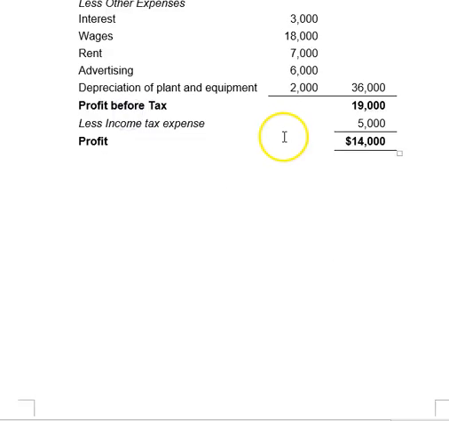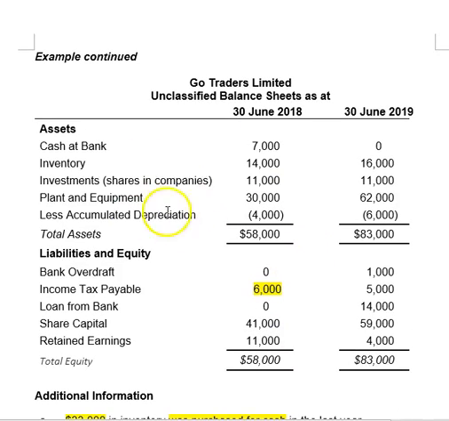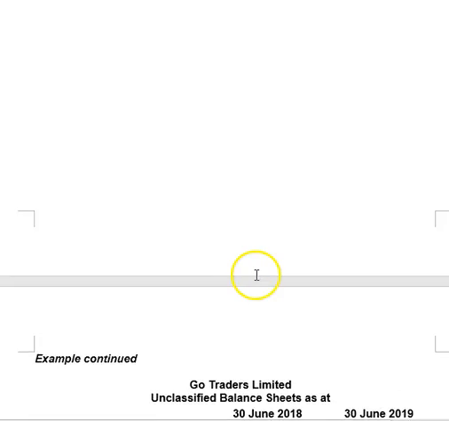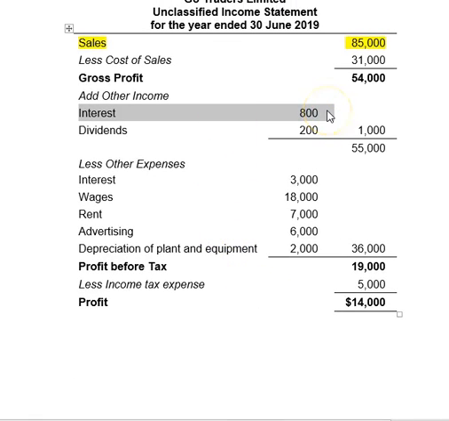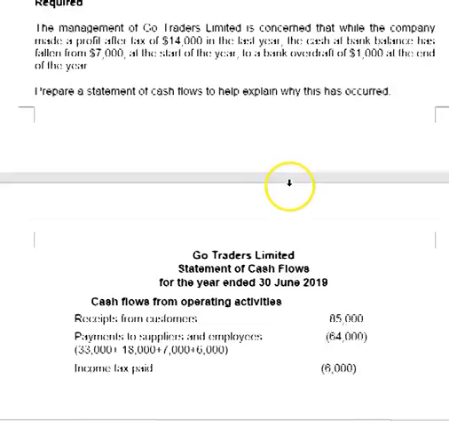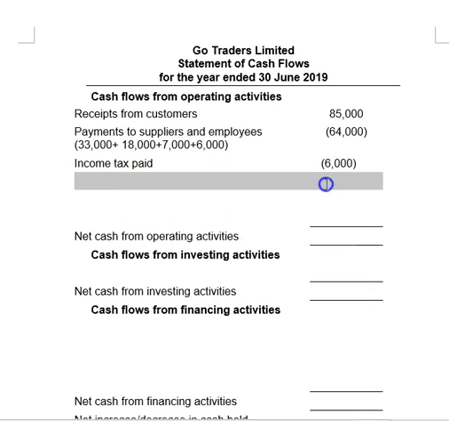We need to look at the balance sheet to see whether there is any accrued interest income or unearned interest income. If yes, we need to reconstruct the key accounts. But since there is no accrued or unearned interest income, we can straight away take this figure. So this amount here is the interest that we earn and receive during that year. So under your SOCF, you have interest received of 800.